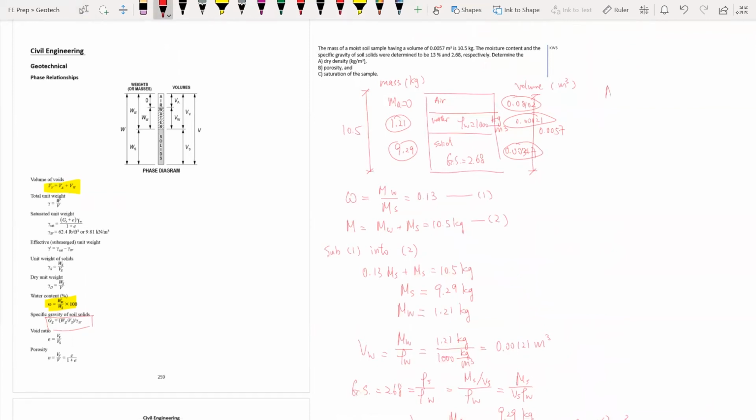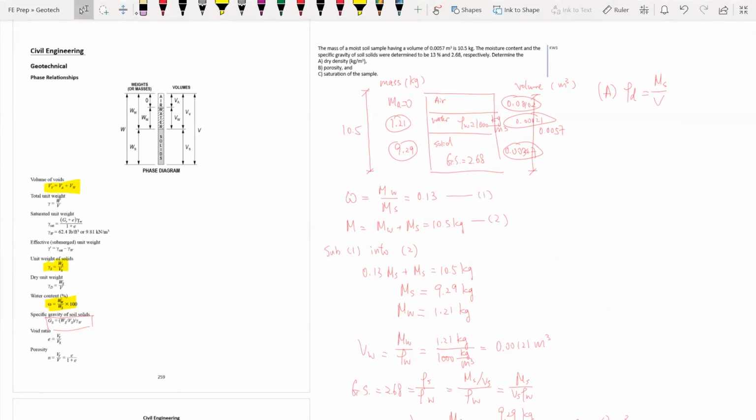First is the dry density. Sorry, so the dry density will be equal to the mass of the solid divided by the volume. Again, we can find it by these equations here. They ask for the unit weights and the specific gravity. So instead of the weight, we use the mass here.